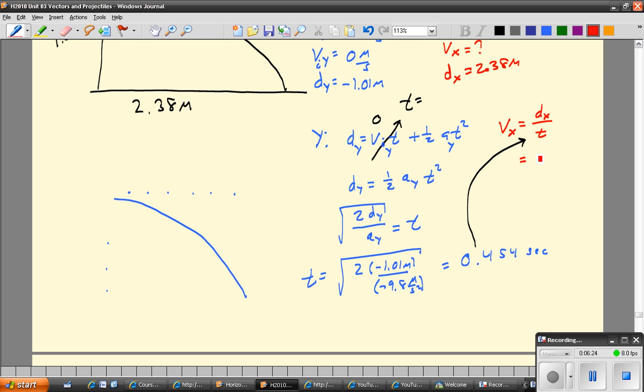That's going to give us 2.38 meters divided by the time, which is 0.454 seconds, giving us a horizontal velocity that is 5.242 meters per second.